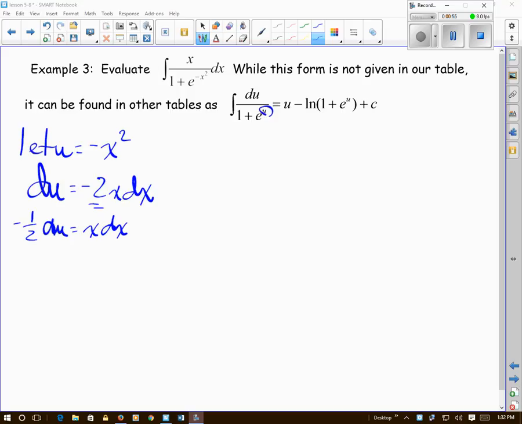So, any other values that we need here? No, it looks like everything else is covered. So we just start plugging into the formula.